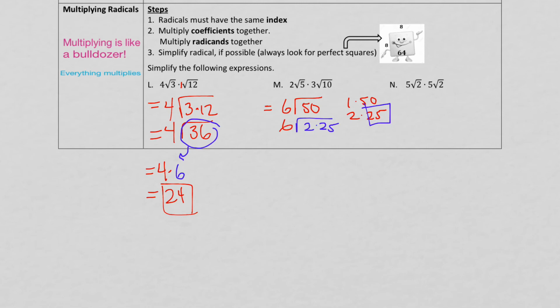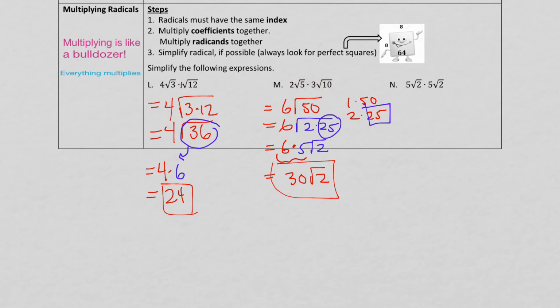But I know the square root of 25 is 5, so I get 5 radical 2. But this 6 is still here. So to finish this question, I can do one more thing and multiply 6 times 5 to get 30 radical 2. So this is a simplified version, a result, of multiplying this original question.